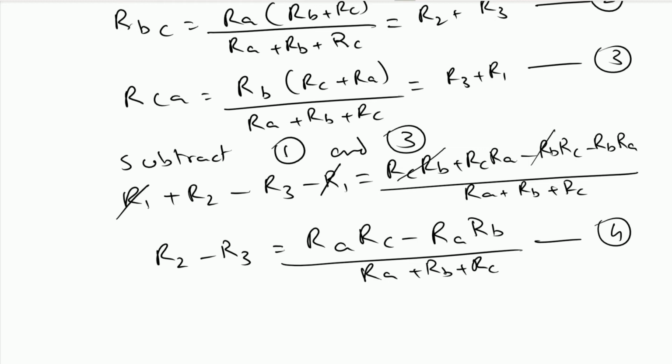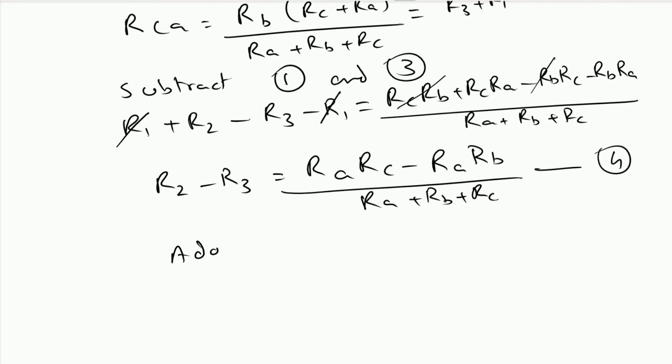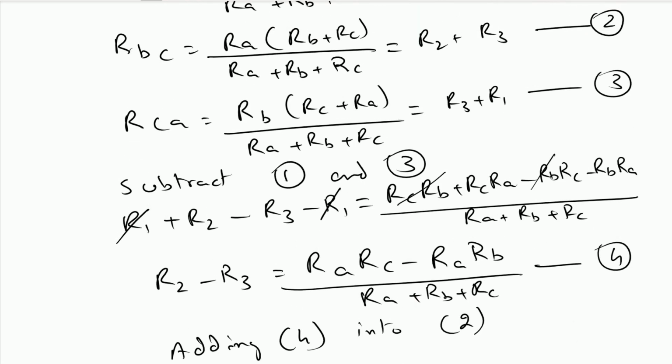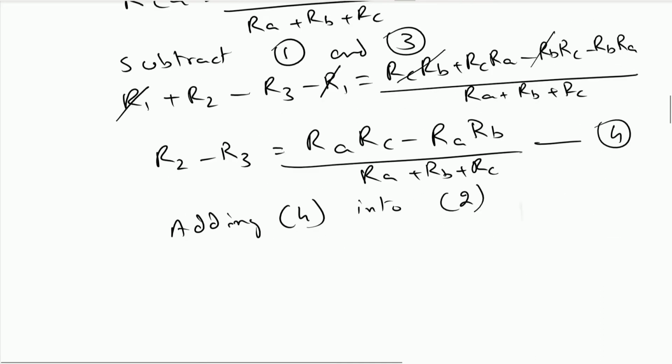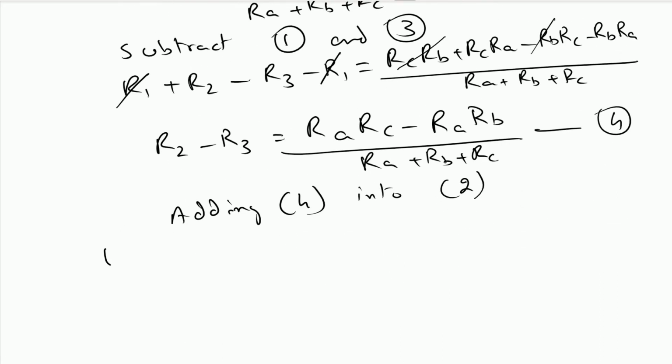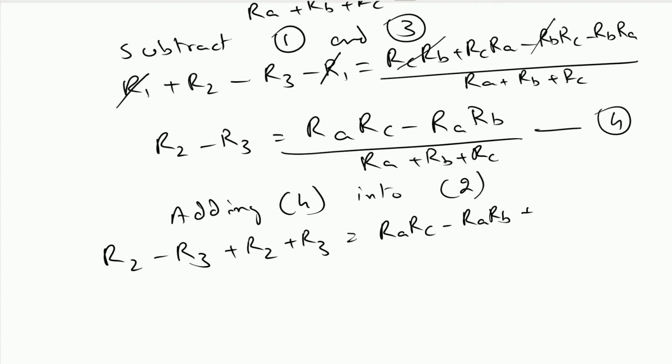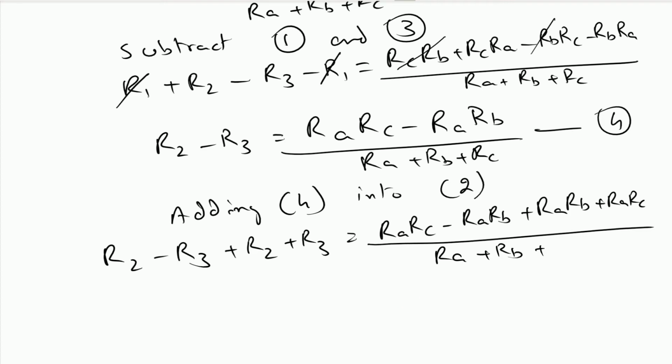Right. Now if I add this equation number 4 into this particular equation number 2, RBC, then what I get is R2 minus R3 plus R2 plus R3, and that is equal to RA RC minus RA RB plus RA RB plus RA RC divided by RA plus RB plus RC.